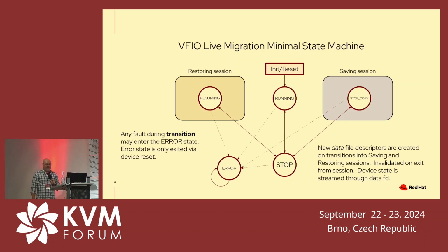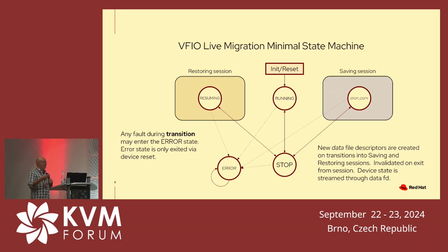So in the most basic, minimal state diagram for migration, we enter a device into the running state for compatibility with non-migrating devices. From there, we can go to a stop state and enter either the stop copy state for saving the device or a resuming state for setting the device state.